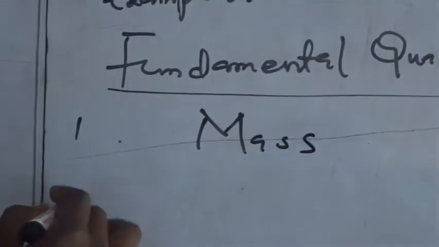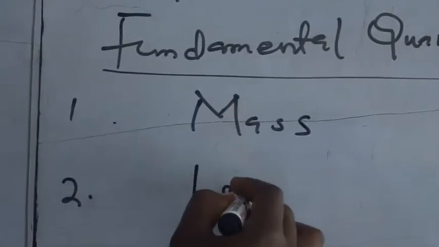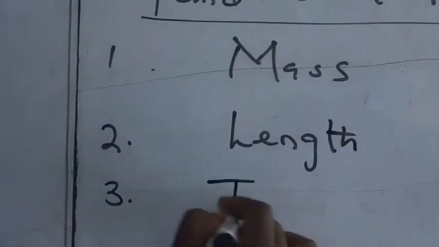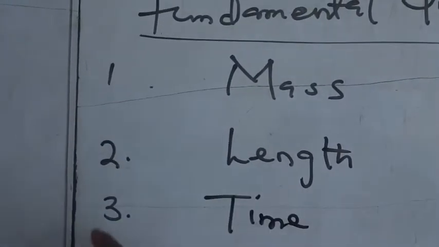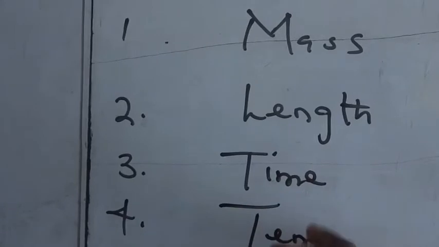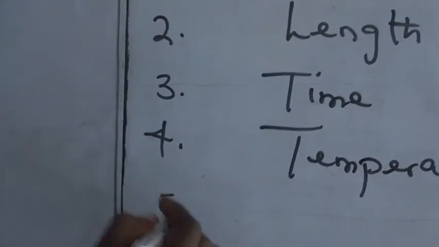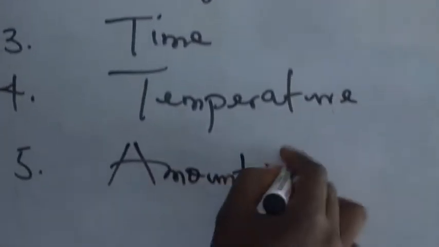Now we are going to be looking at the first one. We have what? Mass. Two, we have what? Length. Three, we have what? Time. Four, we have what? Temperature. Five, we have amount of substance.